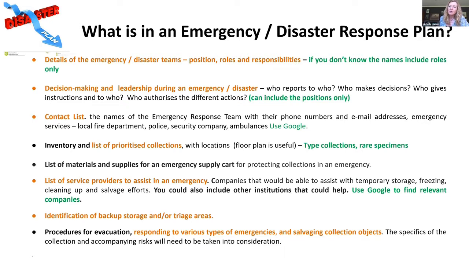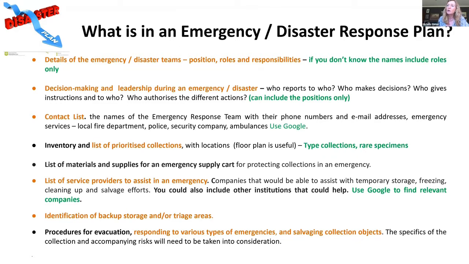So, you know, if something happens and you have to respond very quickly, you haven't got time to sit and Google and try and find companies. What if all your electricity is down, or your internet connection is down? Then you're really stuck. And so that's why on your pocket response, your really critical information is, who do we contact to help us out here?